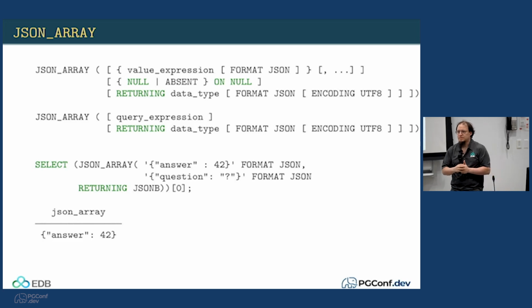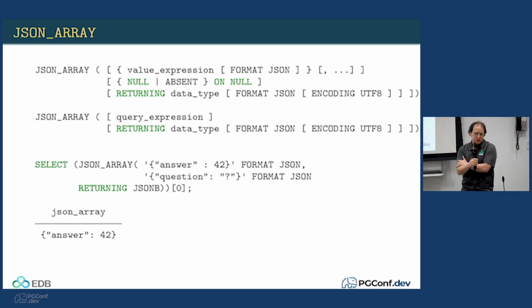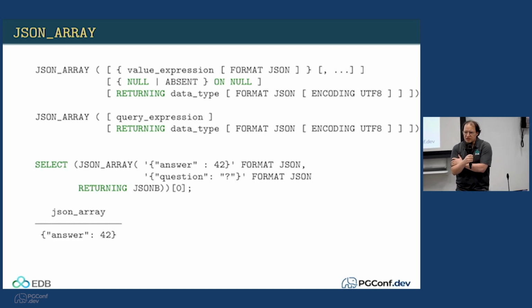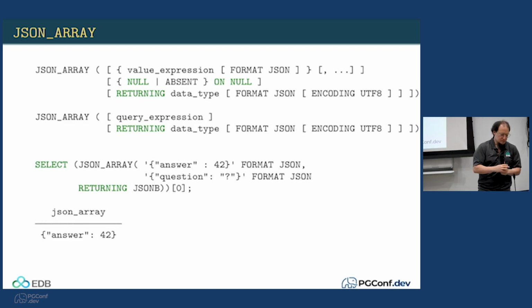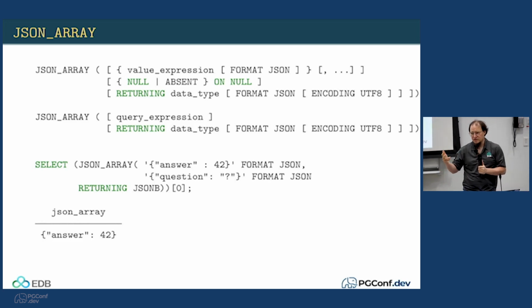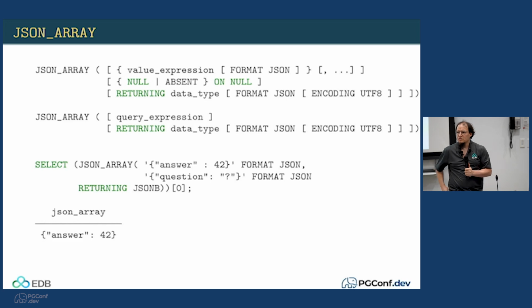Can we add our own data types to the returning? For example, can we do returning HStore? Yes, you can do that, because, as I understand, you can return any type that has a cast to JSON. A cast, okay. So you can do character types, JSON, JSONB, or any type that has a cast. Can we do encoding UTF-32?